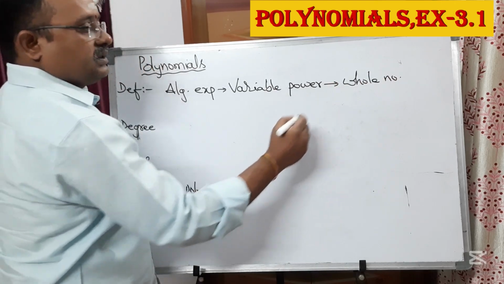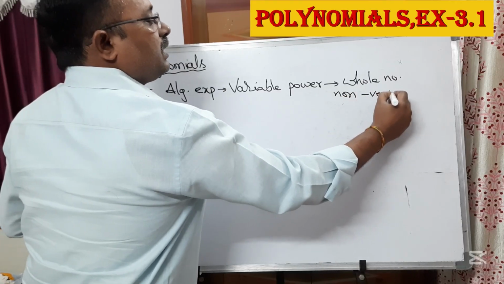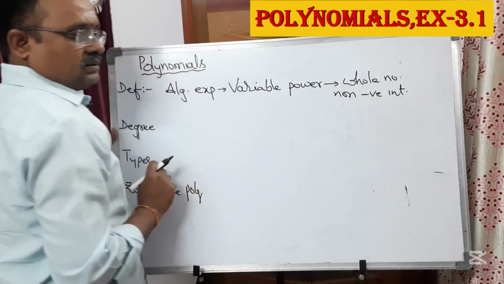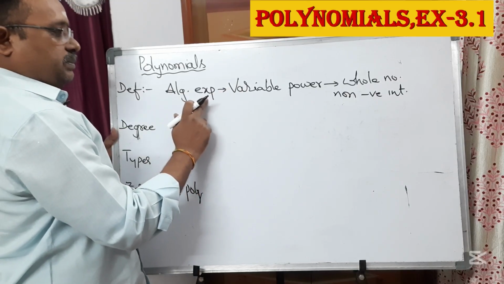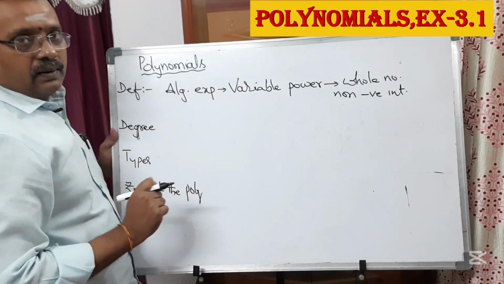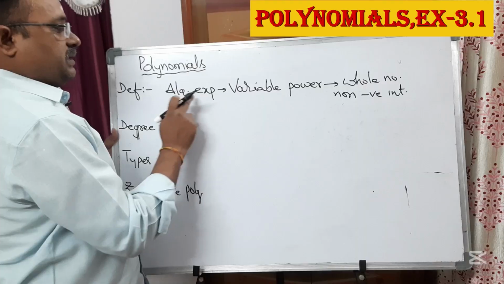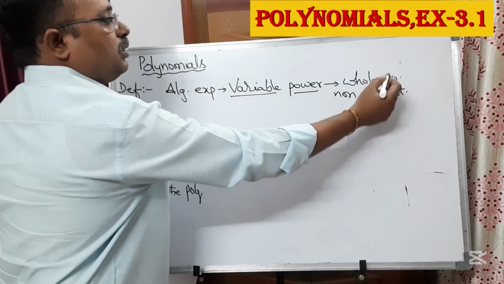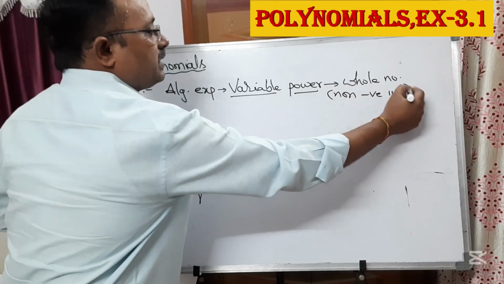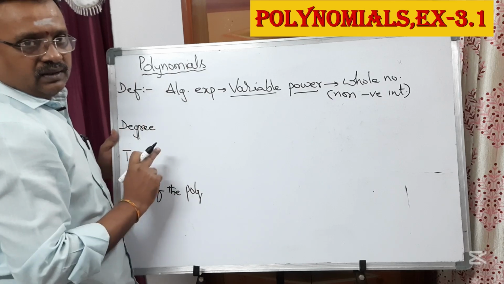Whole number means non-negative integer. Then that algebraic expression is called a polynomial. Once again I am explaining, an algebraic expression in which the variable power is a whole number, meaning non-negative integer, that algebraic expression is called a polynomial.